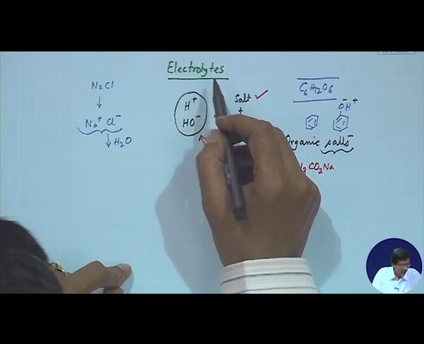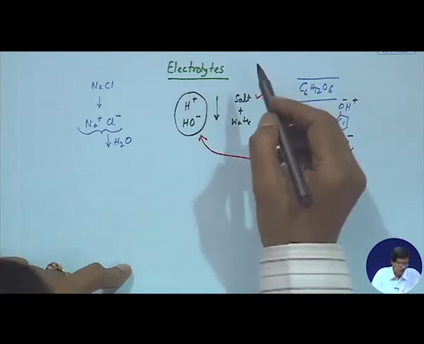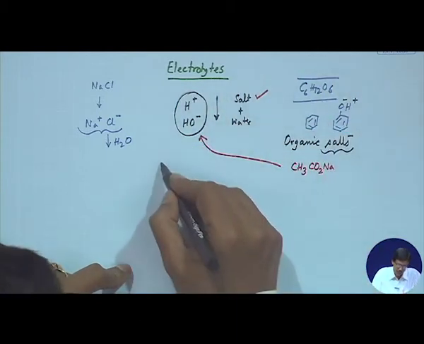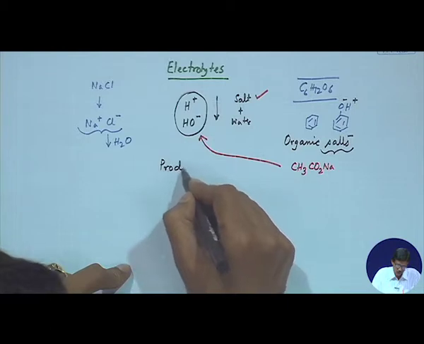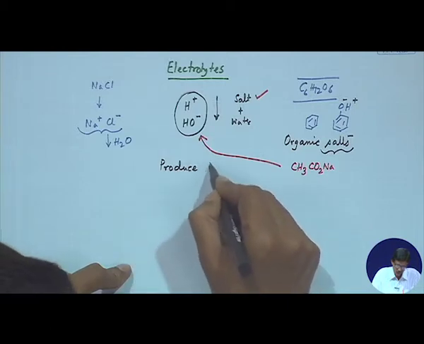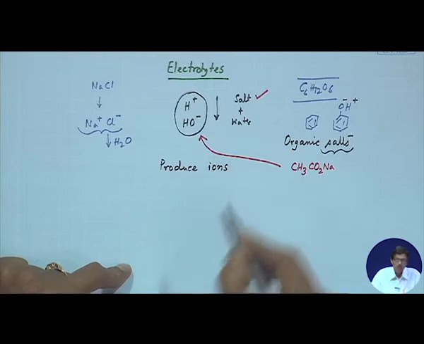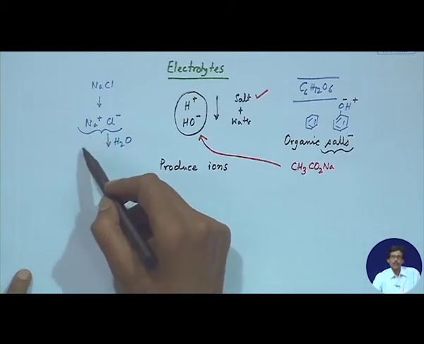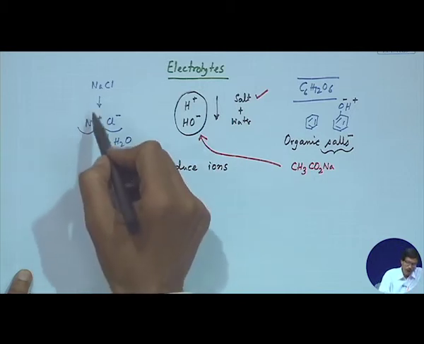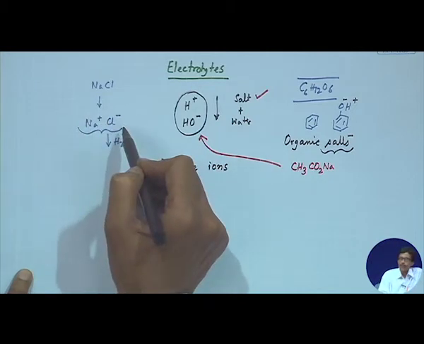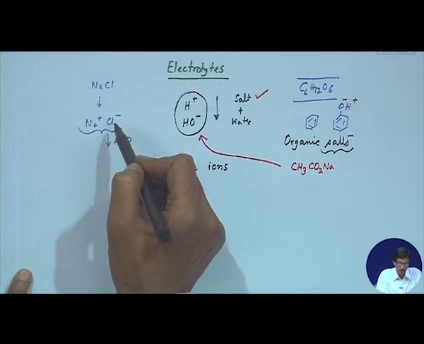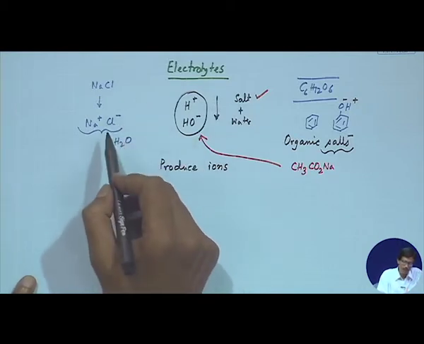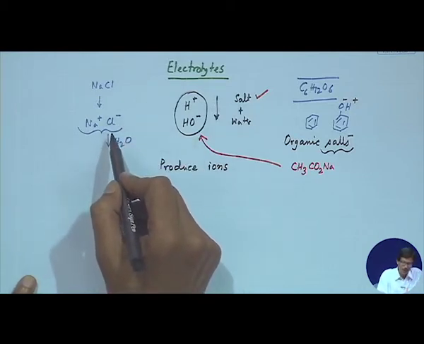When we have electrolytes, they basically produce ions. That is why we are very interested to know, if some white powder is given to you and you are asked to analyze it, such as sodium chloride, our common table salt that we get in our kitchen and consume every day.